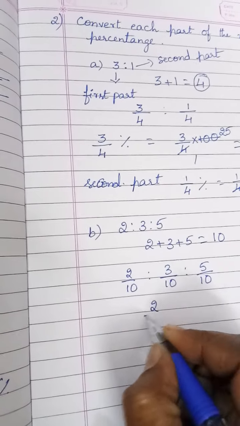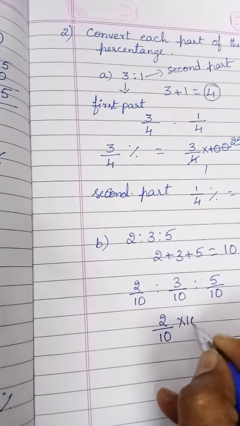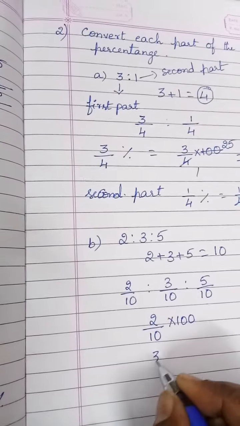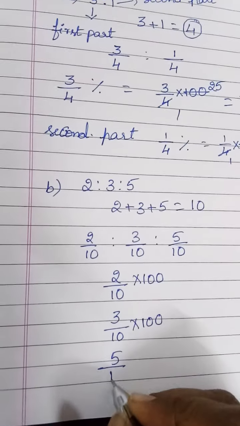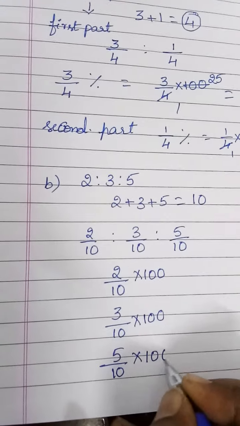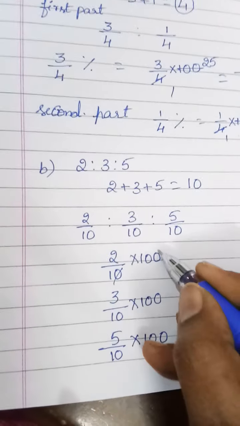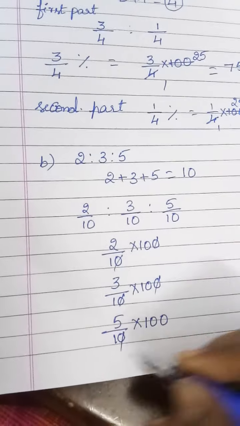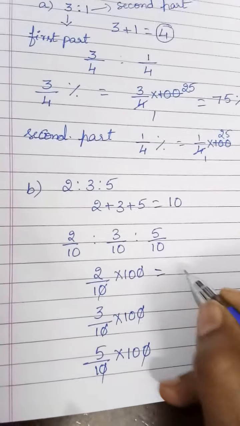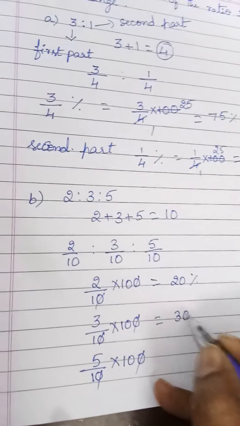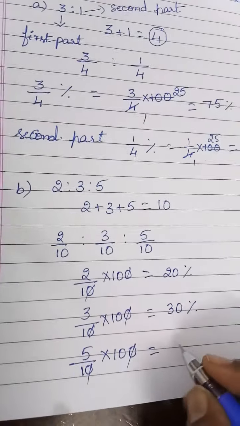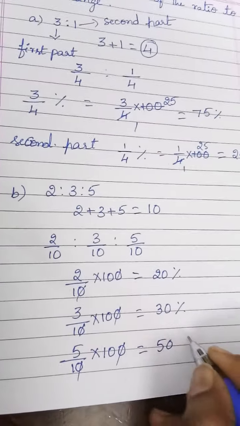Now 2/10 into 100, 3/10 into 100, and the last one is 5/10 into 100. Here, do the cancellations. Easily you will get the cancellation here. 2 10s are 20%. Here it is 3 10s are 30%. And the third one, 5 10s are 50%.